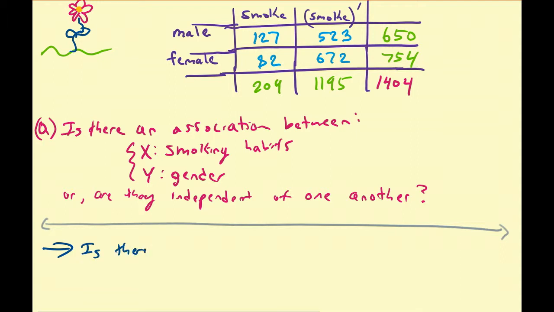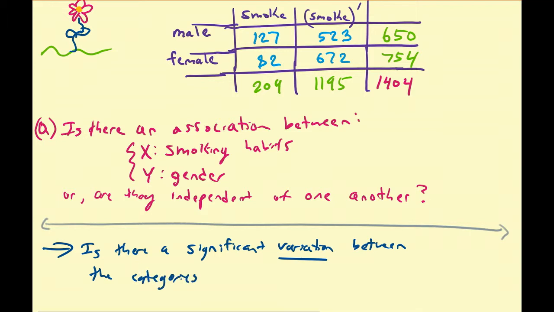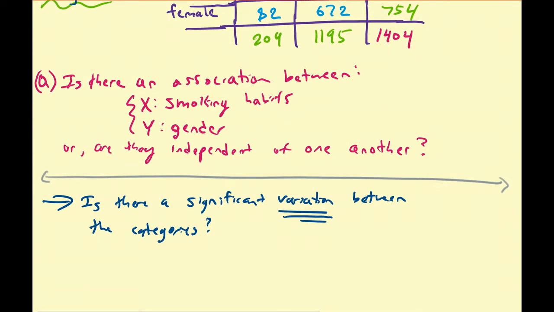Is there a significant variation between the categories? And the key word here is, of course, variation, and I'll say why. Because remember that variation is sometimes associated to a chi-square random variable.